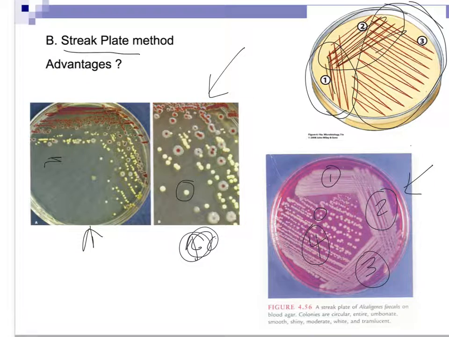You could pick a yellow colony and a red colony and get 2 plates of pure bacteria. We're going to do it a whole bunch of times, so if it doesn't make sense like this, it should make sense when you go to do it. But that's a streak plate.